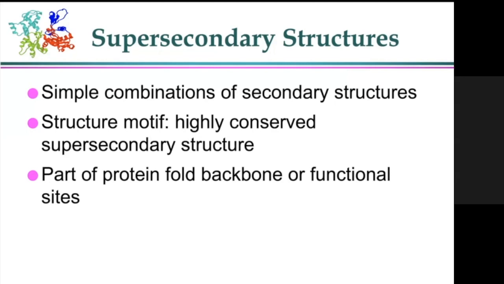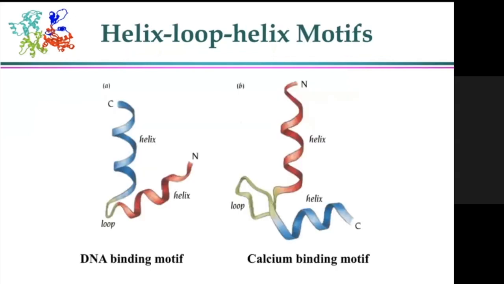There could be some simple combinations of secondary structures, but many of these supersecondary structures are highly conserved, which means that they occur very often in various protein structures. They often are part of a protein's architecture backbone, or they could be important functional sites. So let's see some of the supersecondary structures.